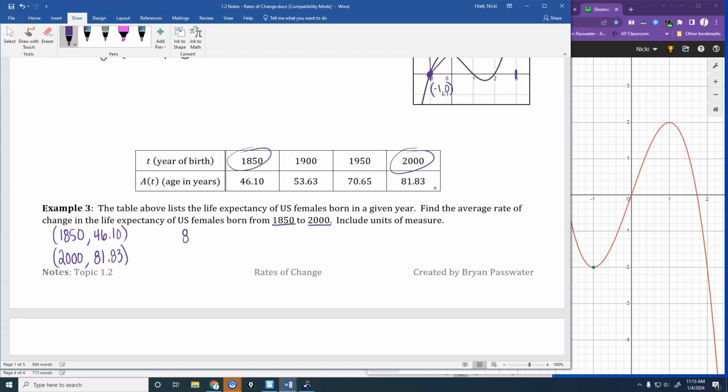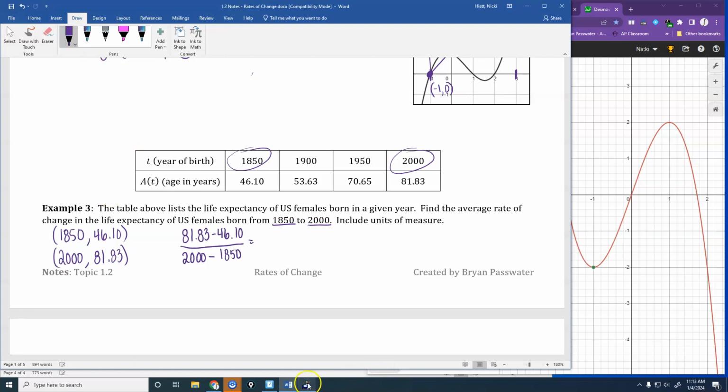So, 81.83 minus 46.1 over 2000 minus 1850.